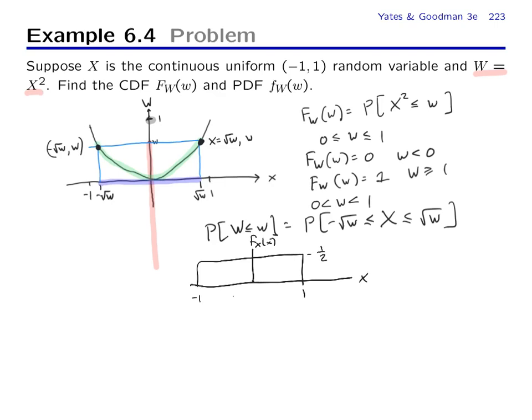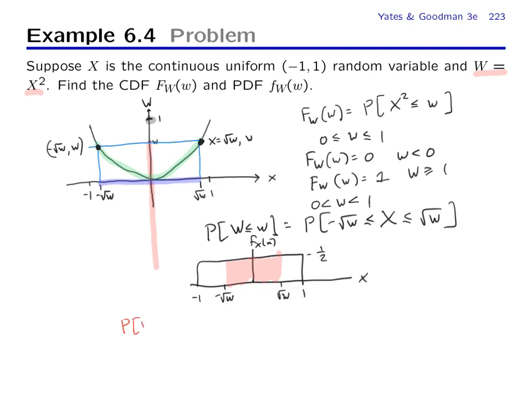Root w is between 0 and 1, so maybe here is root w, and here is minus root w. The probability we're interested in is the probability of this area under the curve. It's the probability x is between minus root w and root w.